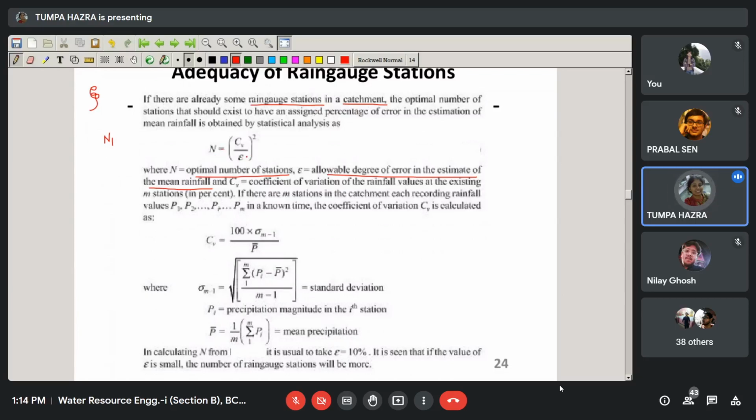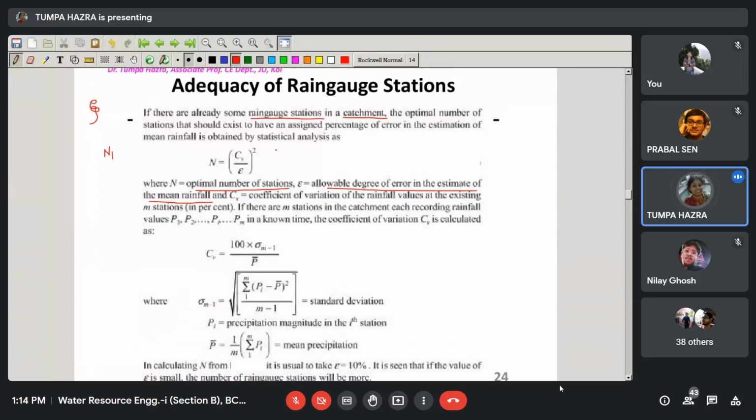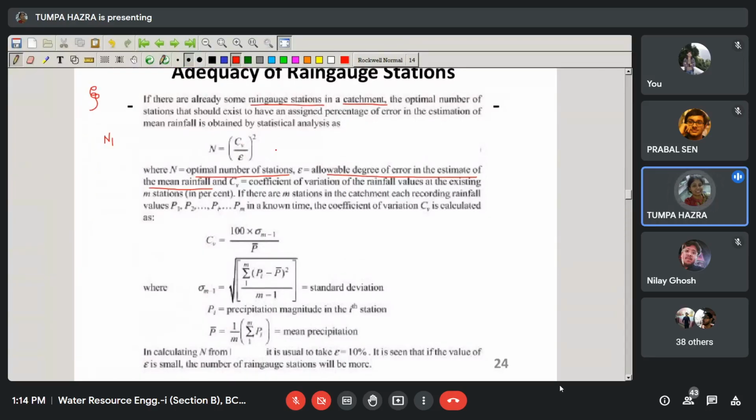N is equal to (CV by epsilon) whole square. N is the optimal number of rain gauge stations, CV is the coefficient of variation, and epsilon is the acceptable allowable degree of error.